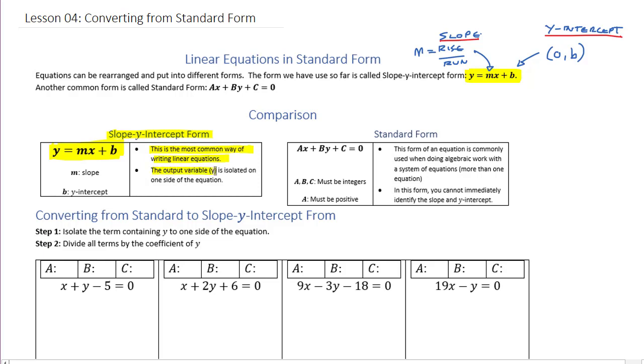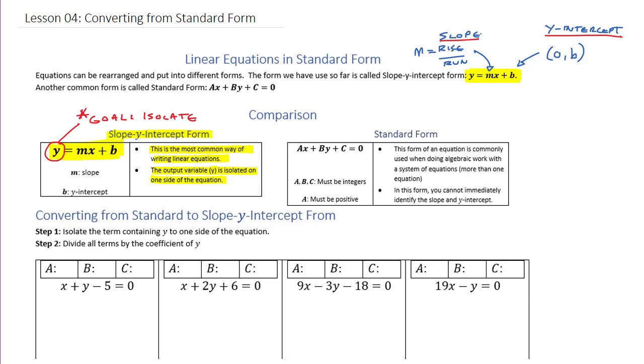Well, the y, the output variable, is isolated all by itself on one side. So that tells you it's in this form. Keep this in mind today: our goal is to isolate that y. We want to get it alone. We're going to be converting from standard form to slope y-intercept form. That's going to be our big goal today.